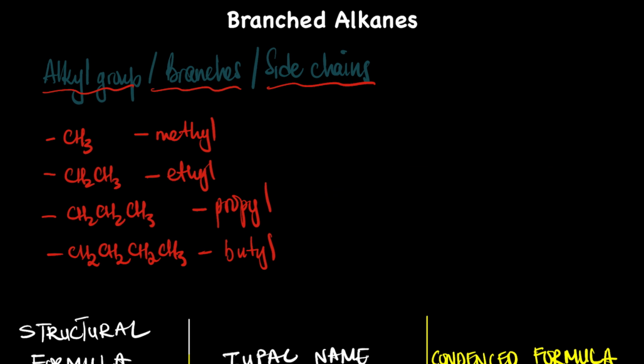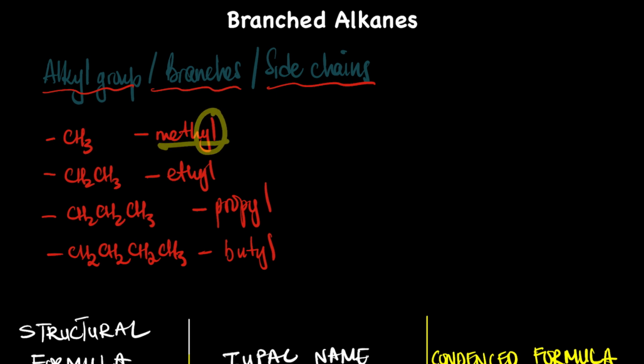Now there are names of branches that you need to understand, guys. When a branch has one carbon, we call it a methyl. When a branch has two carbons, we call it an ethyl. It's the same as the stem names that I showed you. One is meth, but now since it's a branch, we call it methyl.